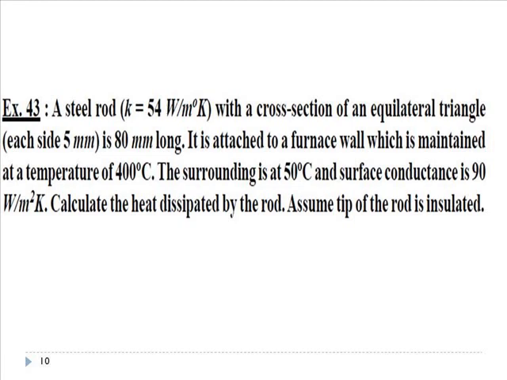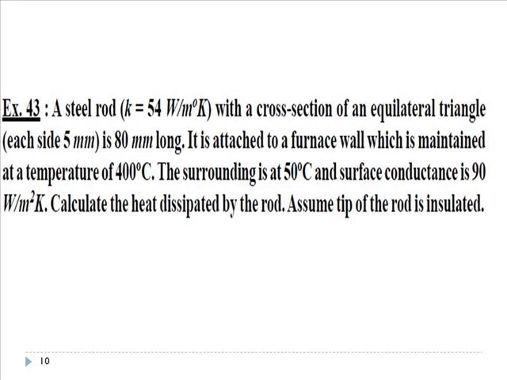So friends, in this data, how to identify the problem is a very big question. You can see in the data itself that it is clearly given that the tip of the fin is insulated, and, very importantly, the total length of the fin is given. So the situation is very clear: the fin is of finite length and the tip is insulated.